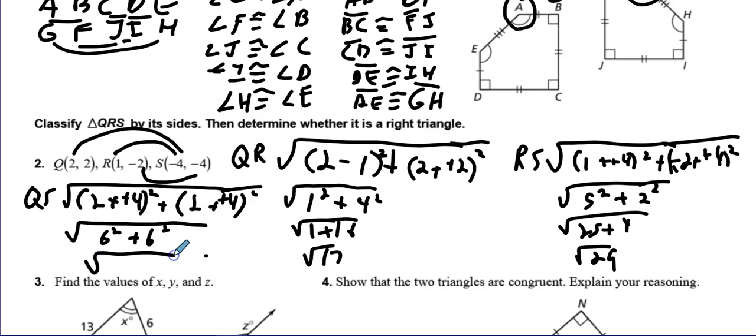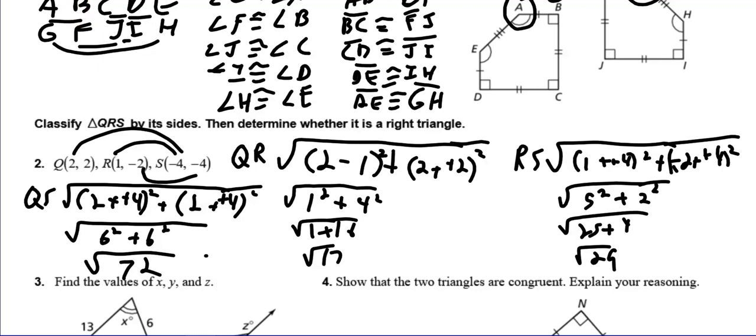So that ends up being, well, I have less space here, so I'm going to have to skip the step. That'd be 36 plus 36, which is 72. So right now you can see that this is a scalene triangle because none of the sides match.